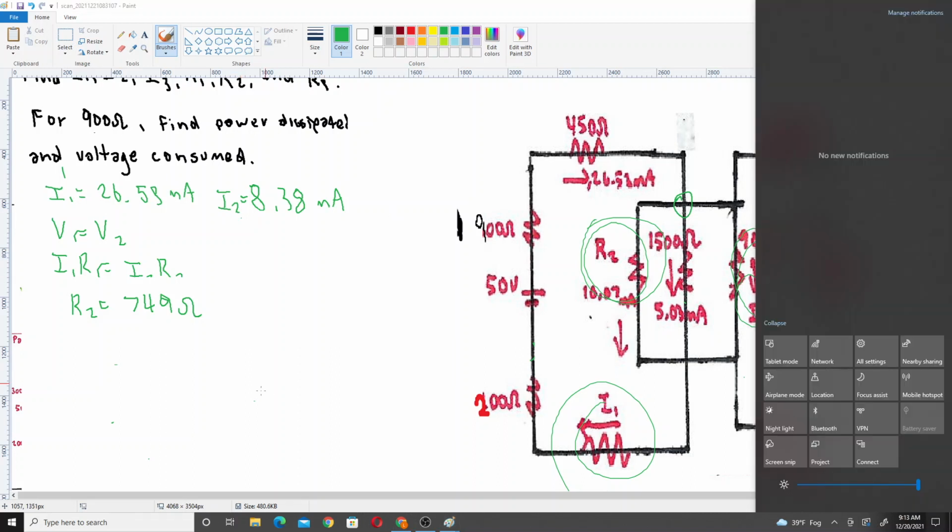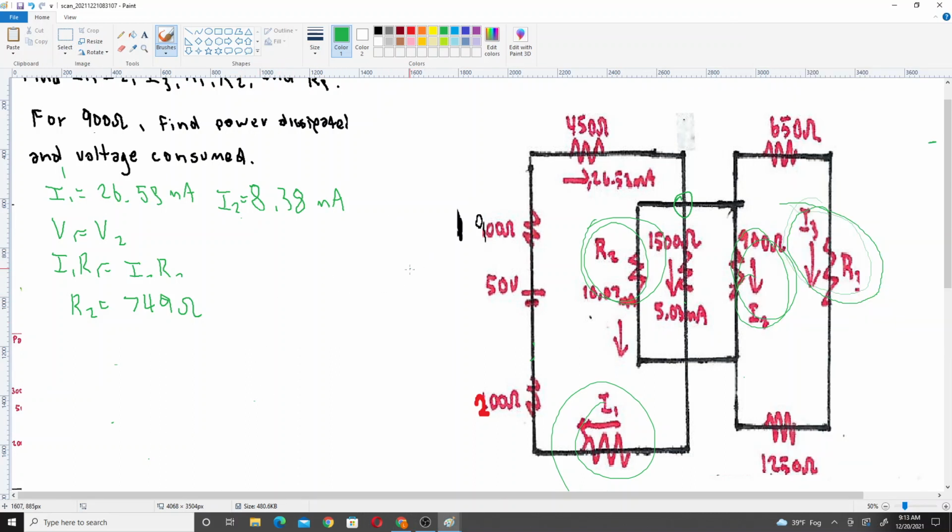Okay, moving on. We need to find I3. I3 is a little more tricky because you're trying to find that, but you have other resistors that are connected to it. But if we apply the same logic, we know resistors in series, you just do regular addition.